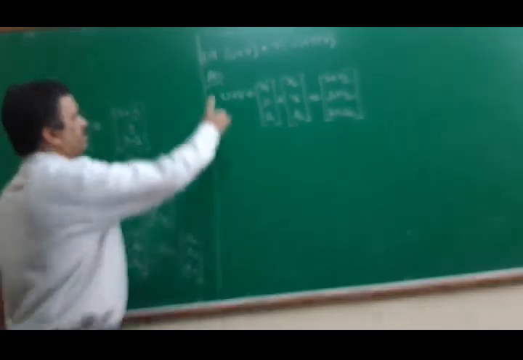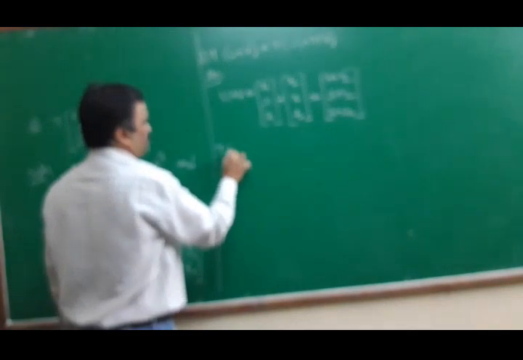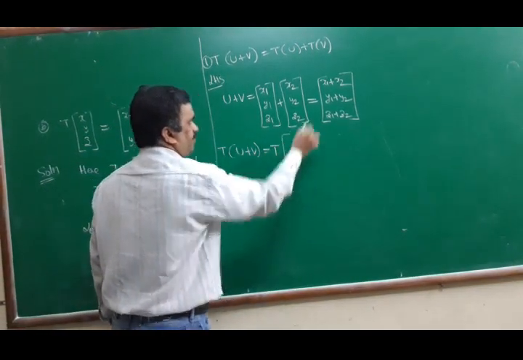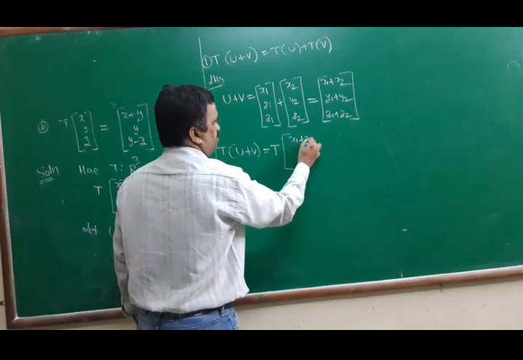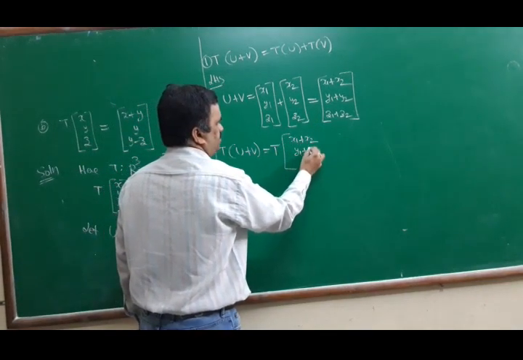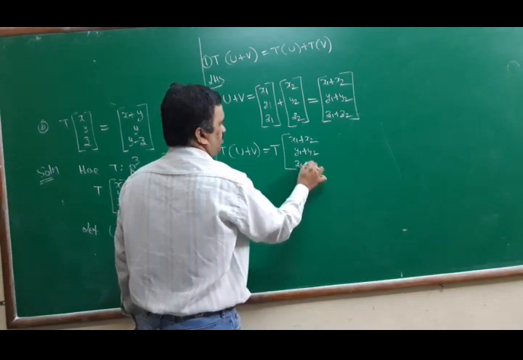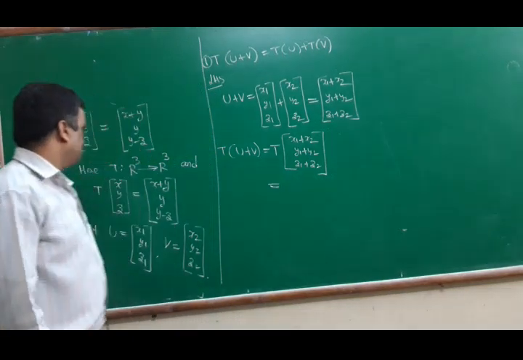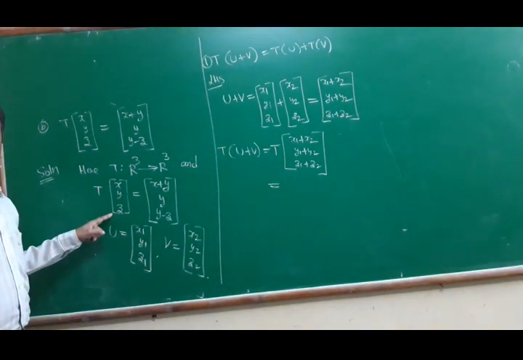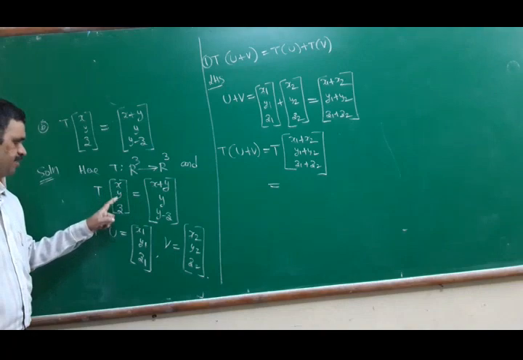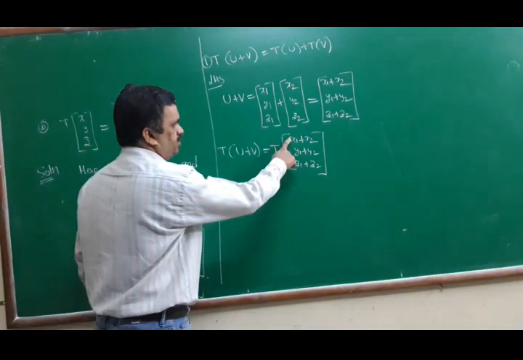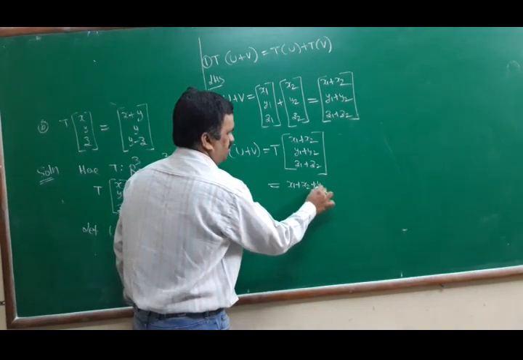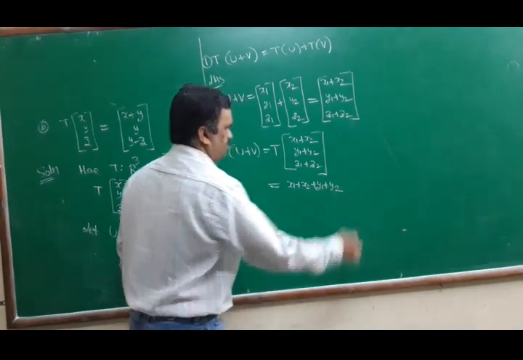Now T of u plus v equal to T of x1 plus x2, y1 plus y2, z1 plus z2. We have T of x, y, z equal to x plus y, first coordinate plus second coordinate, nothing but x1 plus x2 plus y1 plus y2.